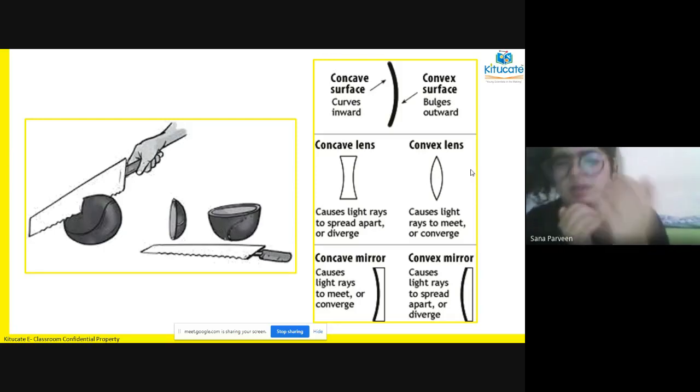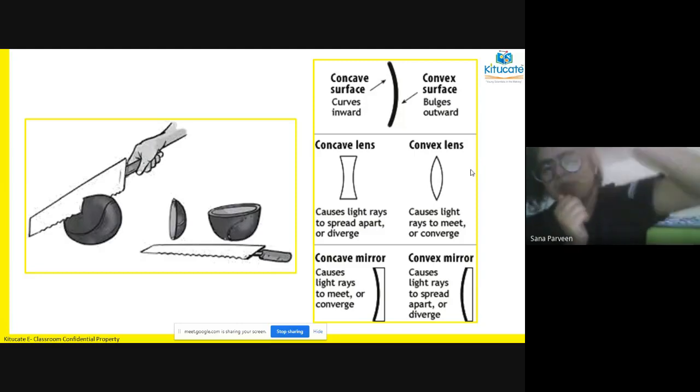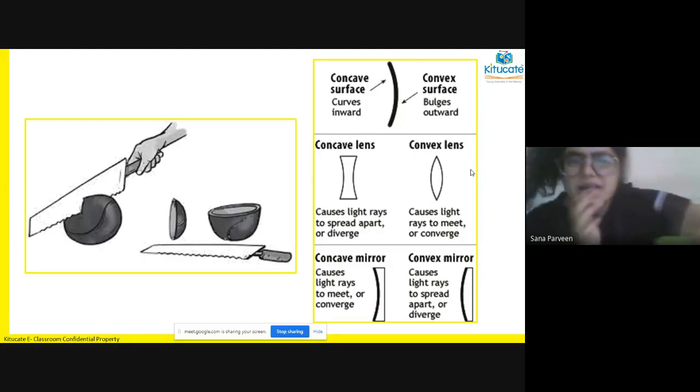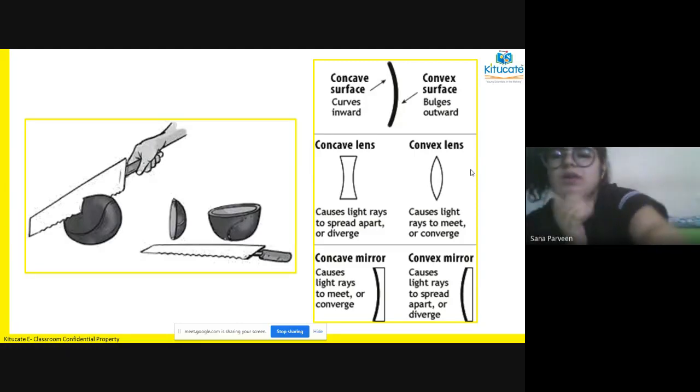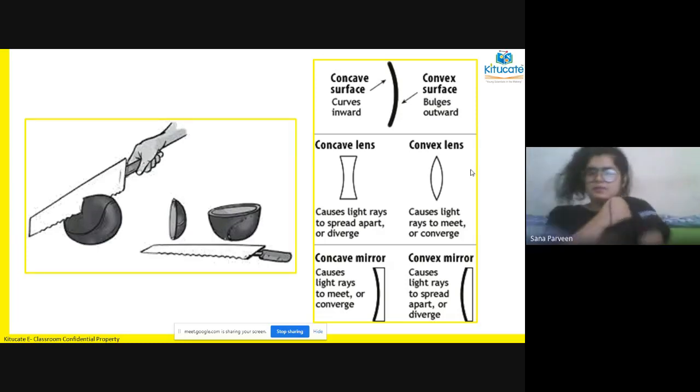It can be present in lenses, it can be present in mirrors as well. Concave lenses cause light rays to spread apart. This we are going to discuss a bit later on. For now, just remember concave surfaces, convex surfaces, concave lenses, convex lenses, concave mirrors and convex mirrors.